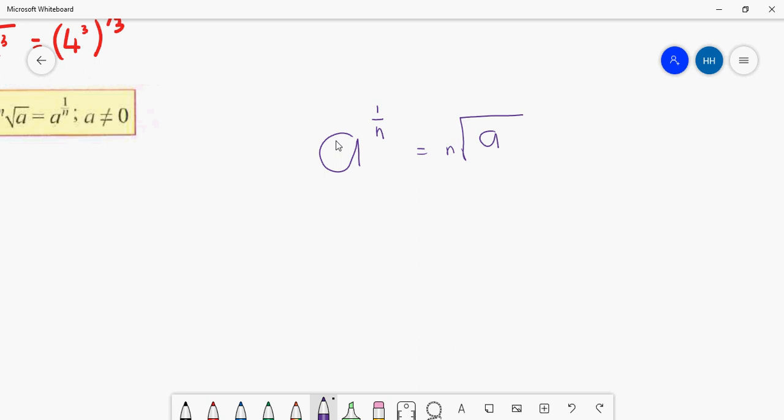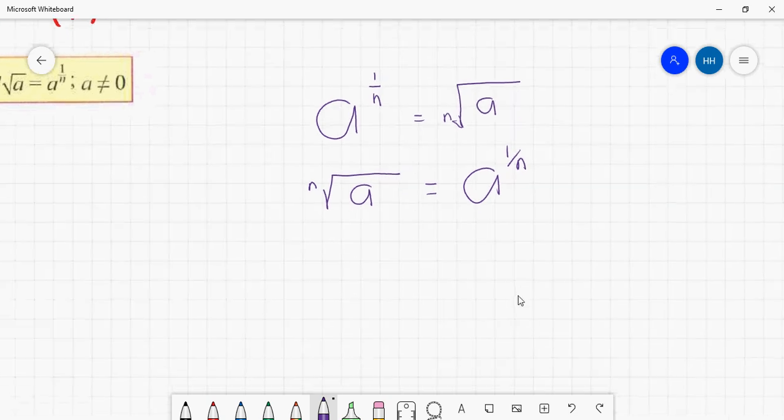That means if the number is a, it is n root a, or if the number is 5, n root 5. You also know that if you have n root of a number, the number can be written as a to the power of 1 over n. It is just the reverse of this. Okay, I will give the last examples.